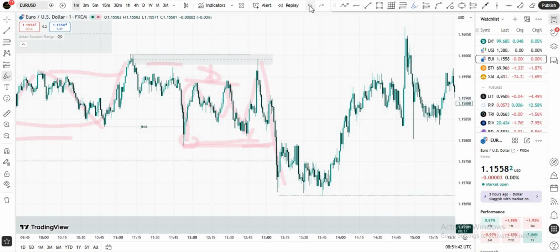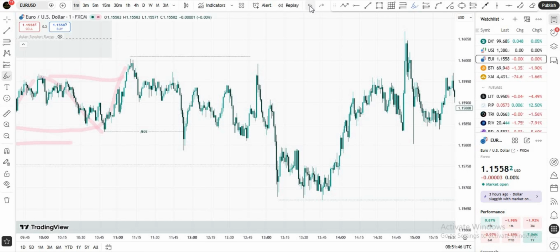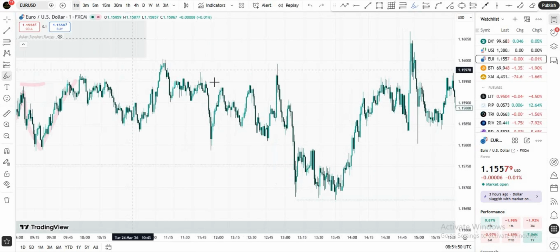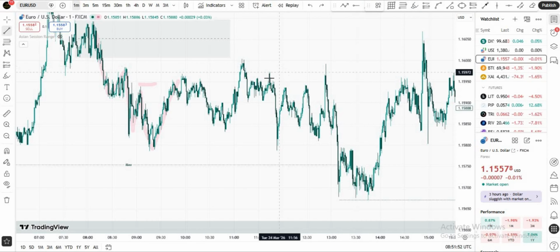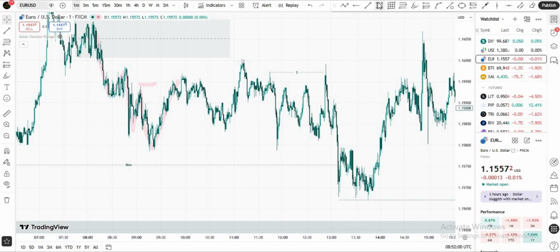Here, let me clear the chart and try to make it a little bit clearer. Okay, so this is it now. We have price take out this block, which was a clear inducement liquidity grab. Then it mitigated this block.